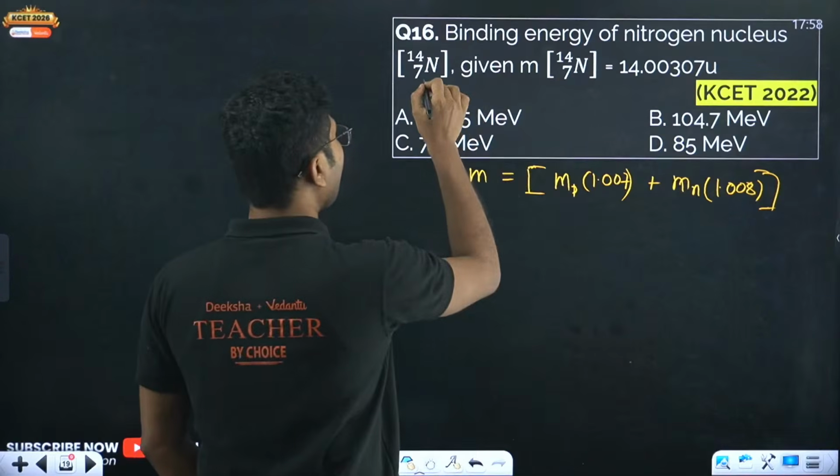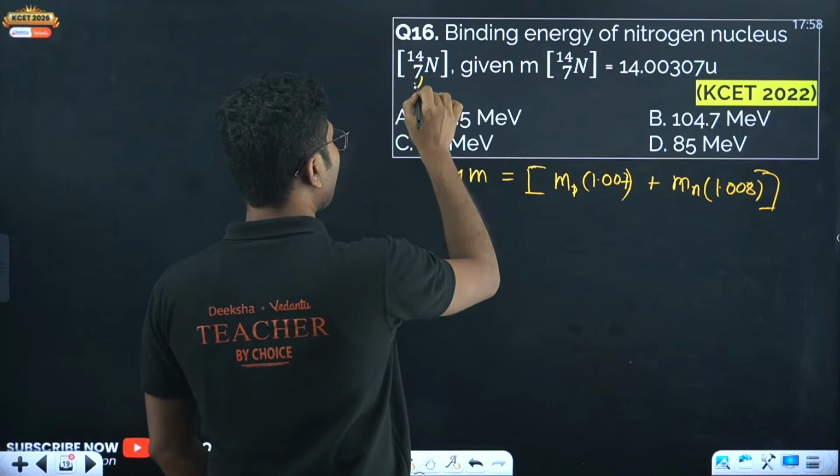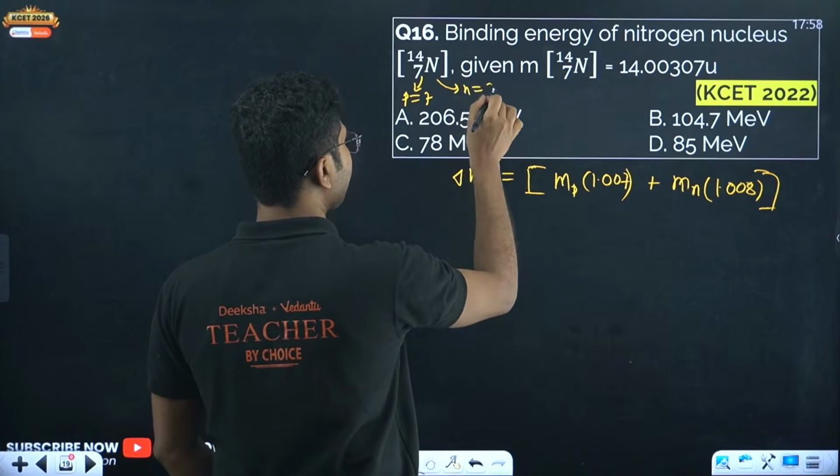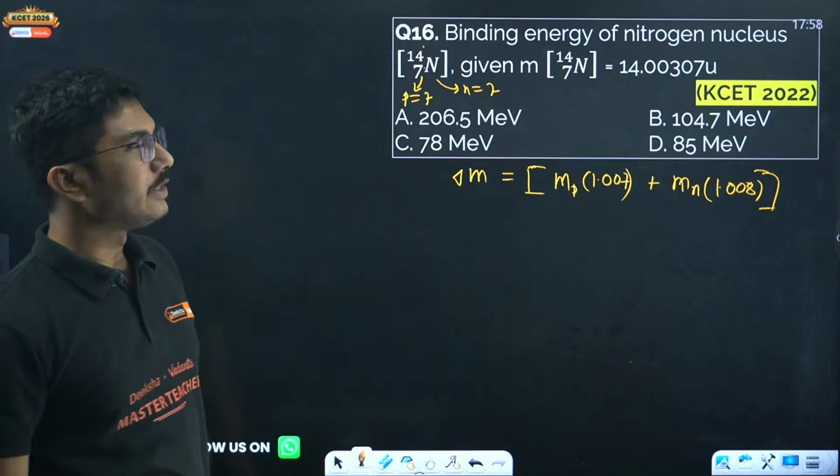So how many protons are there? The number of protons in nitrogen is 7, and the number of neutrons is also 7. 7 and 7 make 14, so equally distributed.